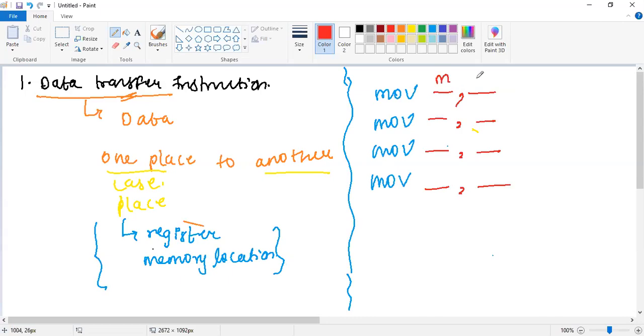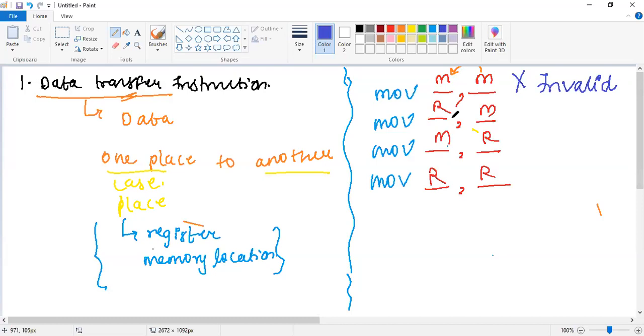Either from memory location to memory location, or from memory to R, R to M, or from R to R. So these combinations are possible, but out of these 4, this one is not valid. This is invalid.